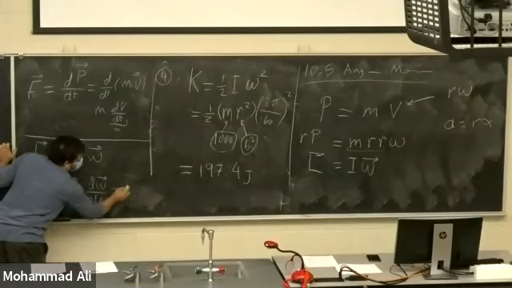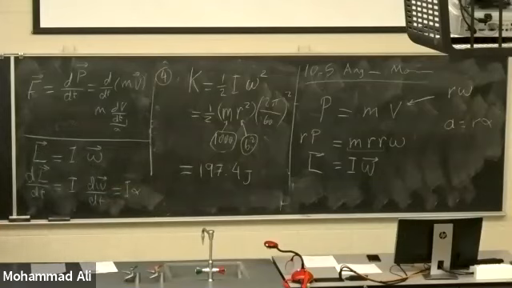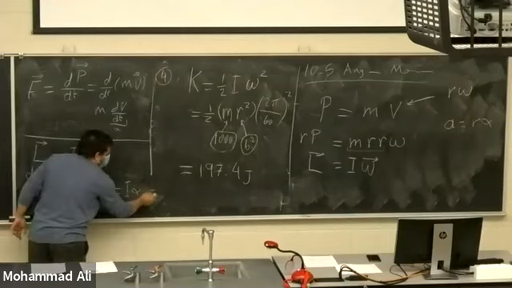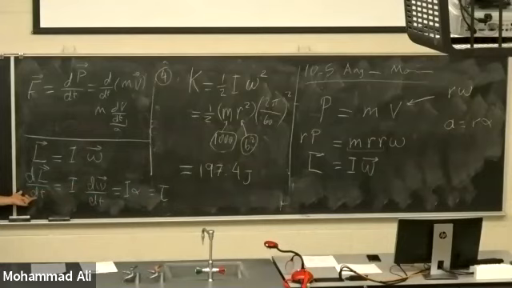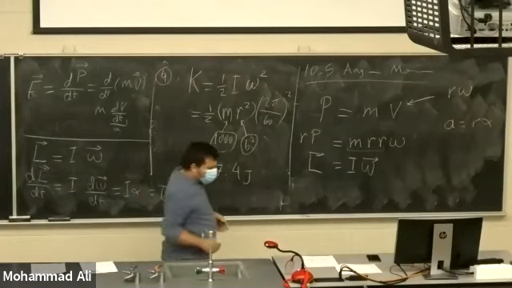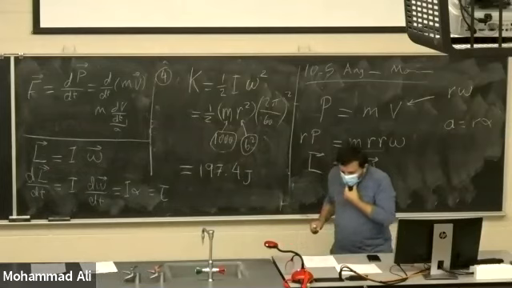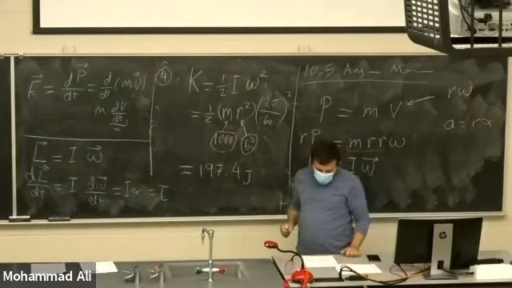So this will be equal to I alpha. That's it. This is the torque. So the torque is equal to the time derivative of the angular momentum. Just like that, Newton's second law, the general form. Any question about that?